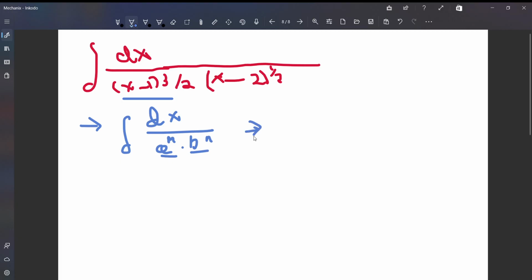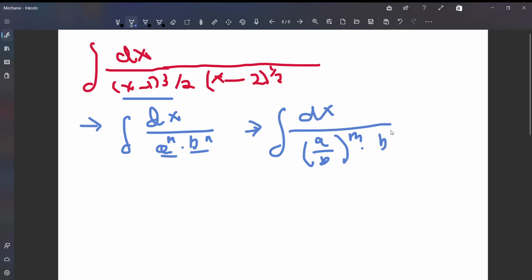So I can generalize this as dx by a by b power n into b, n plus n. If you closely look at it, these two terms are literally the same, because it's going to be b power negative n, and you're again going to get b power n.